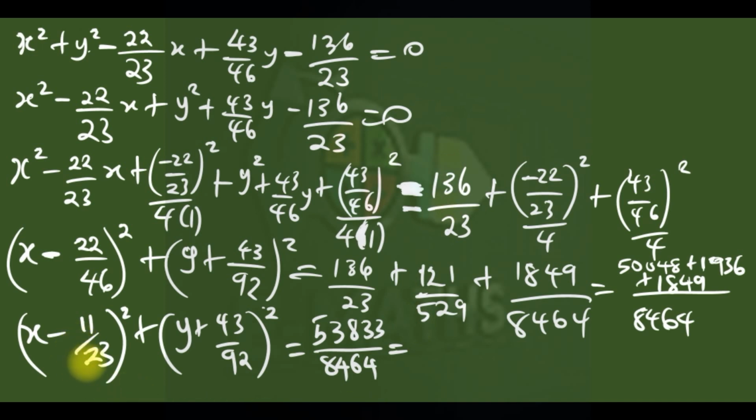Remember, we are to get the center and the radius. So let's find the square root. So we can write this as the square root of 53833 over 8464, all squared.